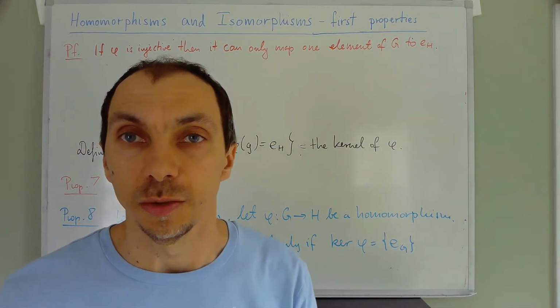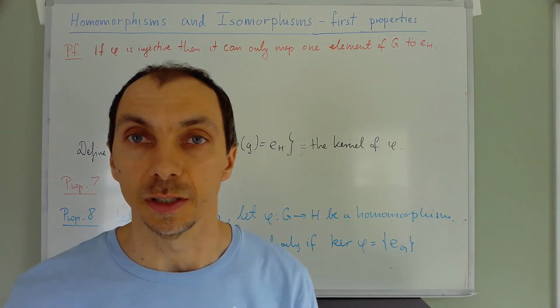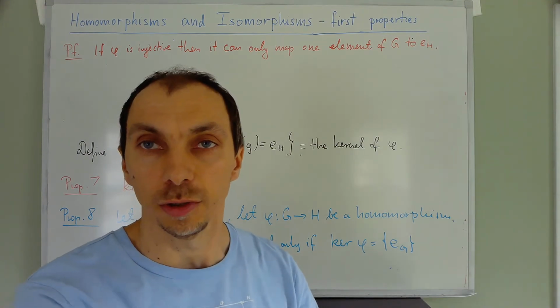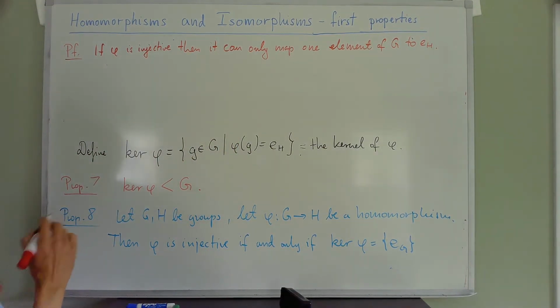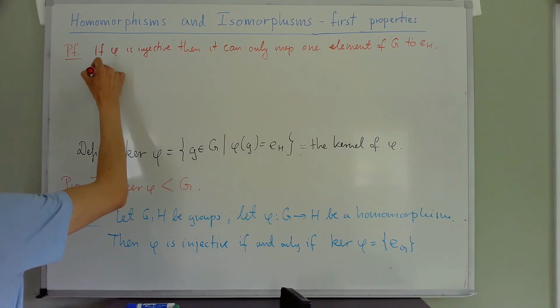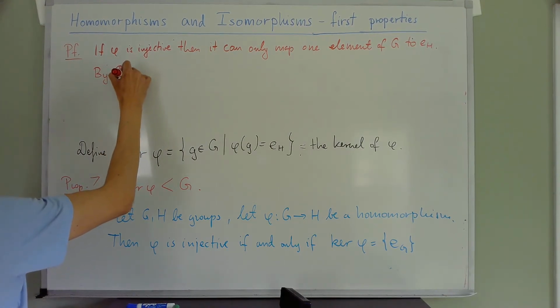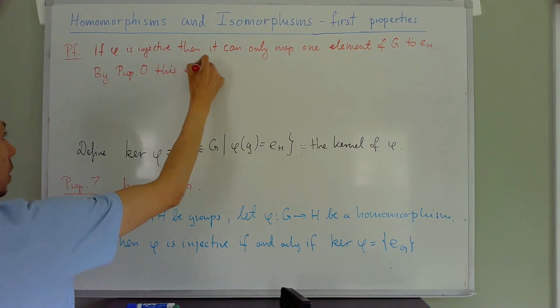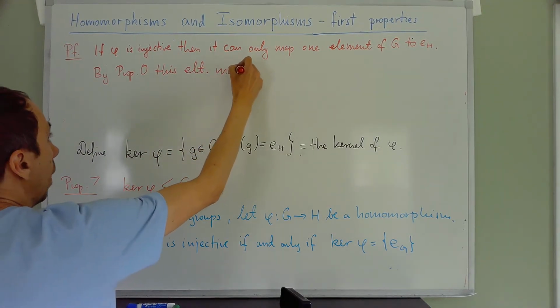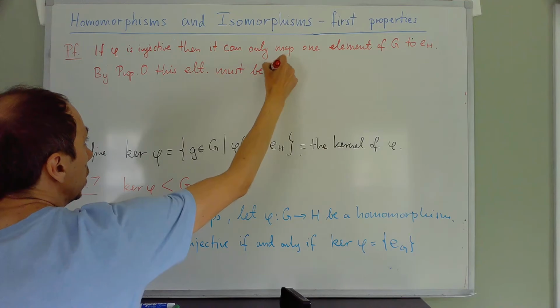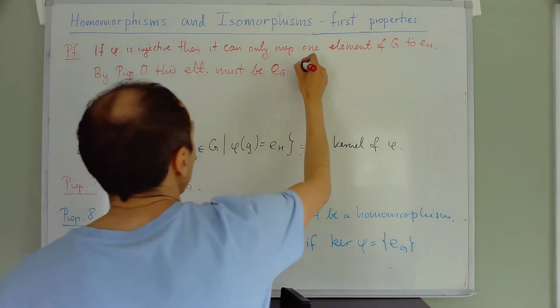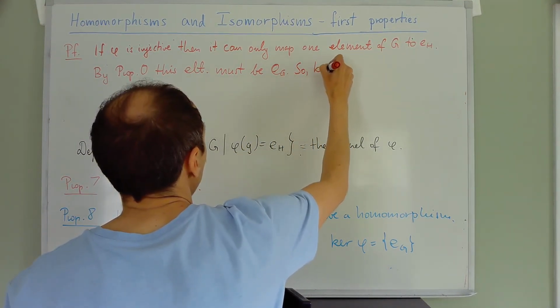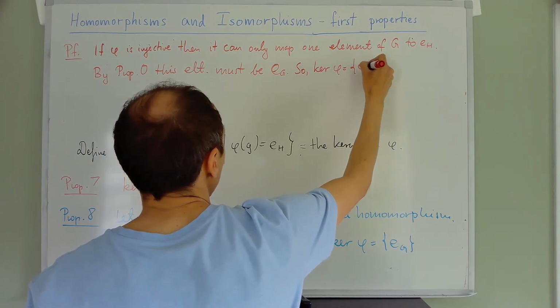Because injections map different elements to different elements. So only one element can go to the identity. But you know what element goes to the identity. By proposition 0, this has to be the identity in G. So the kernel of phi is just equal to the identity in G.